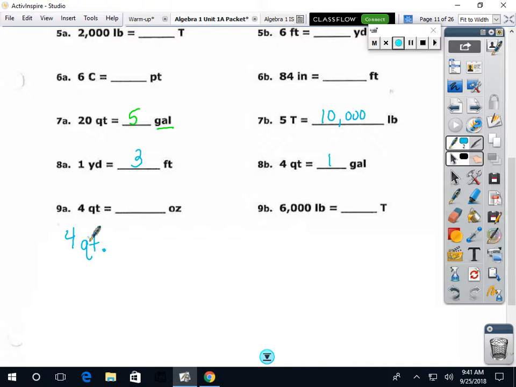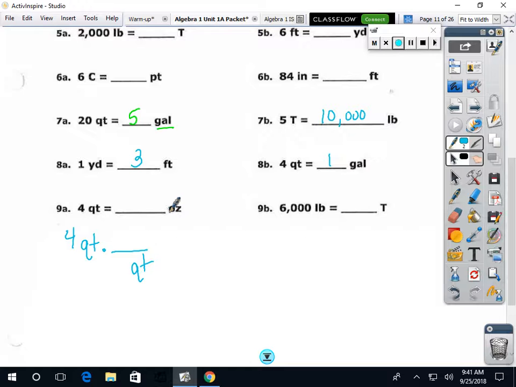If I have quarts in the top, doesn't that mean I have to put quarts in the bottom? And tell me something on your paper you see about quarts. Okay, that is true. But remember, we're trying to get down to ounces. So we don't want to go bigger to gallons. We want to go down smaller.